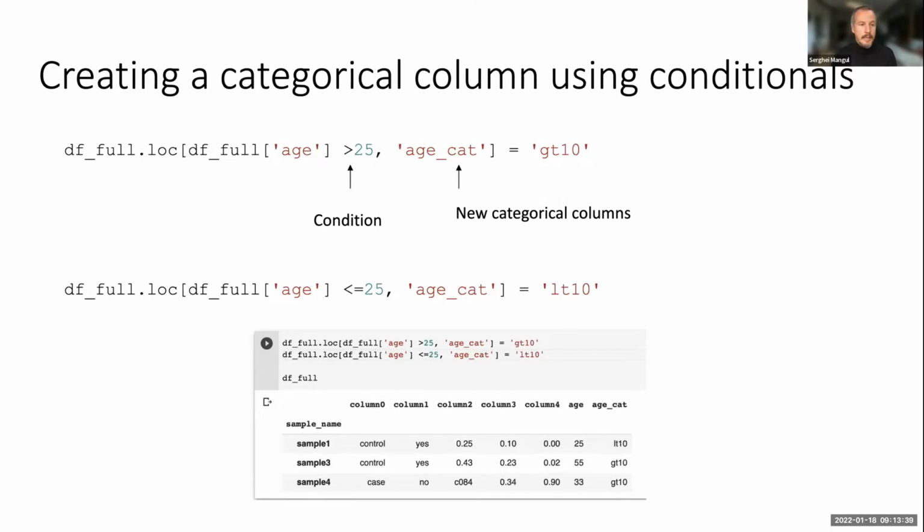You say df, this is our data frame, and you say which column you want to refer to. So we are referring to H. If the elements from that column are strictly greater than 25, then we define a new column, H_cat, and we want elements in that column to be GT10, only if H is greater than 25. So we write it like this.